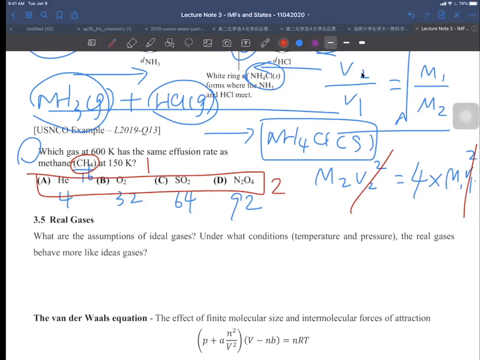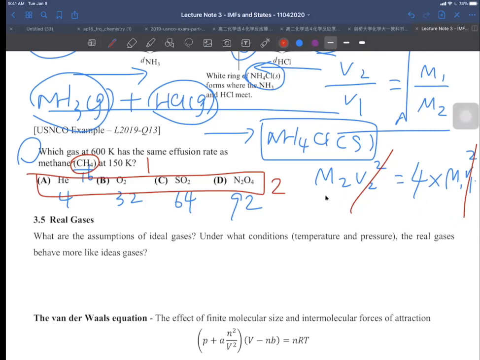Do you have more votes submitted? Since they have the same speed, right? Which means the molar mass of the second gas should be 4 times that of the first gas, right? So I think the answer is already clear.